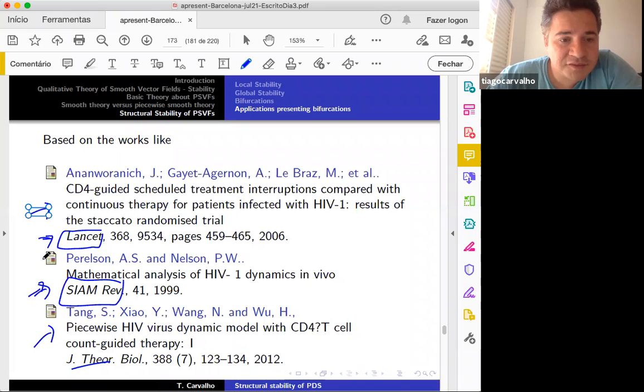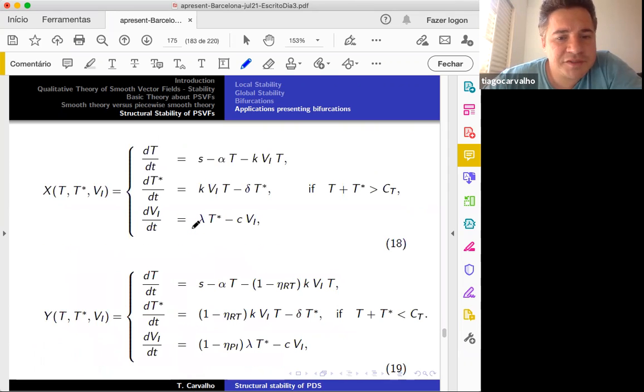Based on these papers that study the interruptions of the treatment, we establish these 2 vector fields that will be combined in order to produce a piecewise vector field.